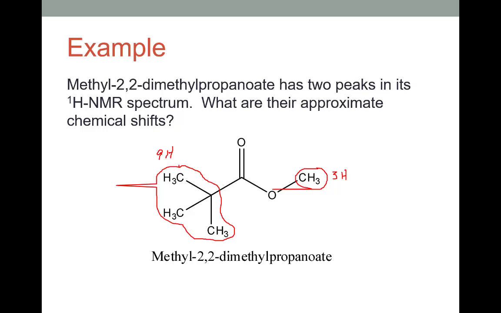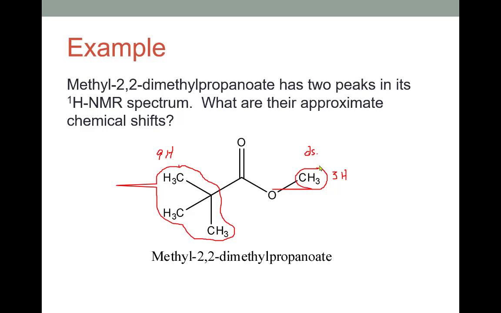So what are their approximate chemical shifts? Well, they're all methyl groups, and so if I go back and look at my table, I would expect them to show up at a very low level, right? But notice that this methyl group that's connected directly to the oxygen should be pretty deshielded.